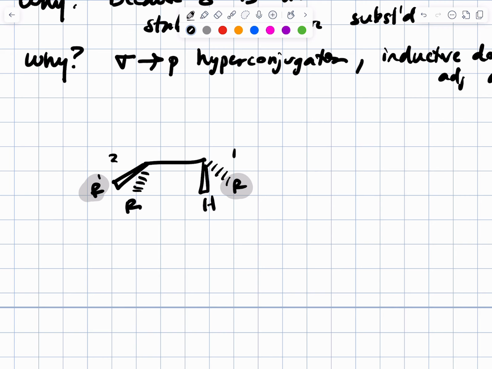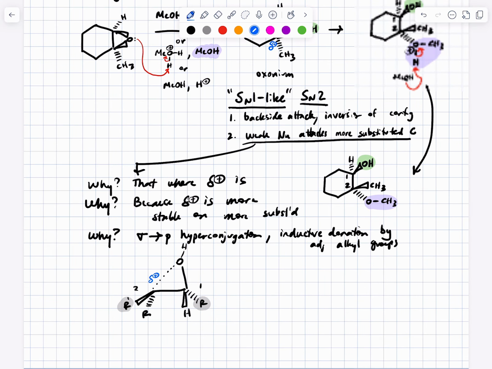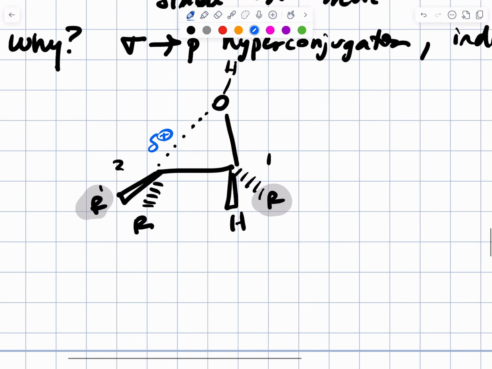The oxygen will start to lean away from the more substituted carbon, and the bond between carbon and oxygen will lengthen, and that creates the buildup of positive charge on carbon 2.